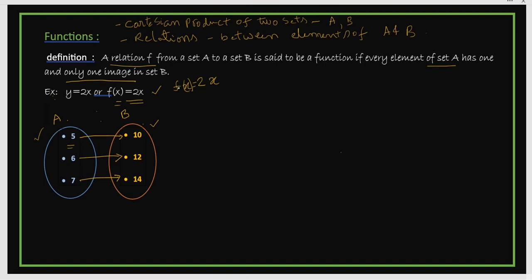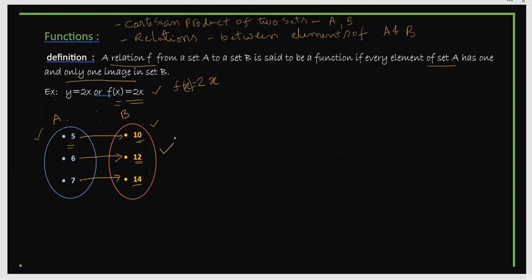That is the condition of the function, and then it is qualified to be a function. That is the definition of a function. Here you see 5 has only one image, and similarly 6 and 7 each have only one image. So this qualifies to be a function.